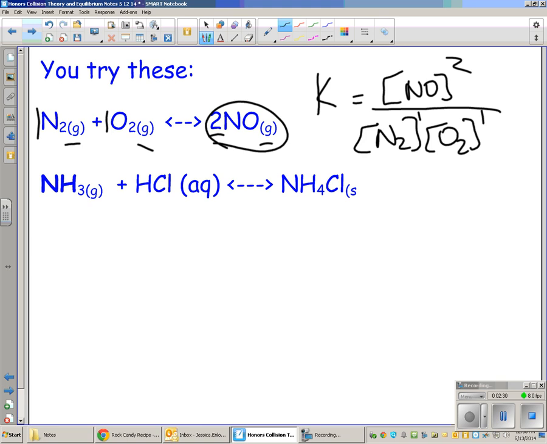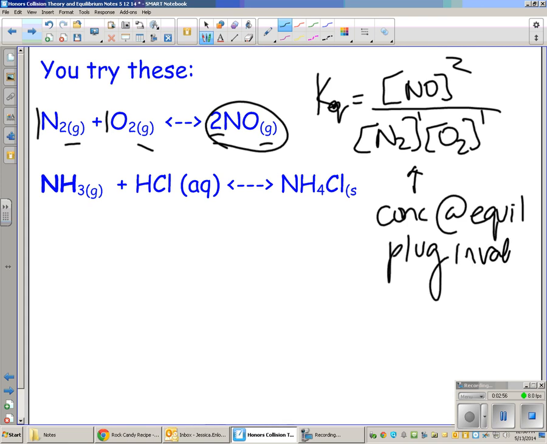And then I can give you values, and remember yesterday, I don't know if I actually put the EQ on it like that. Did I just say KEQ yesterday? Yeah. So EQ represents what again? Equilibrium. So this is the K expression. These are concentrations at equilibrium, which means that if I know the concentrations at equilibrium of NO and NO2, I can plug in values.